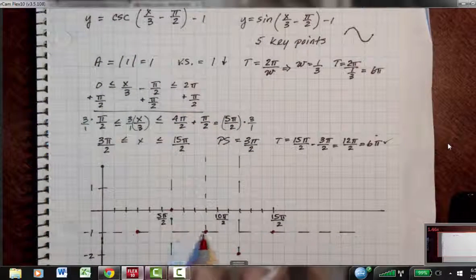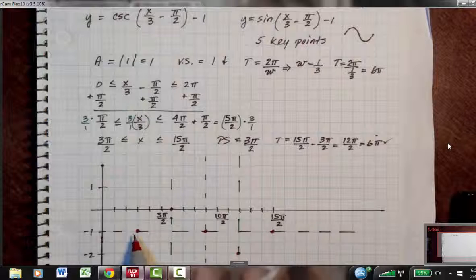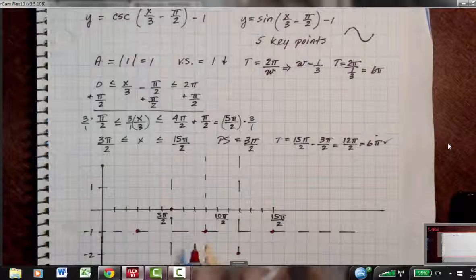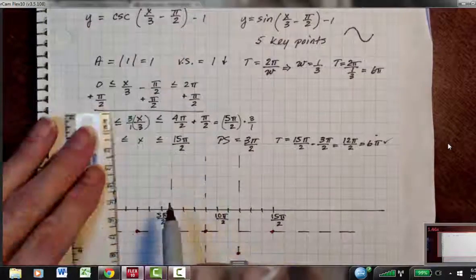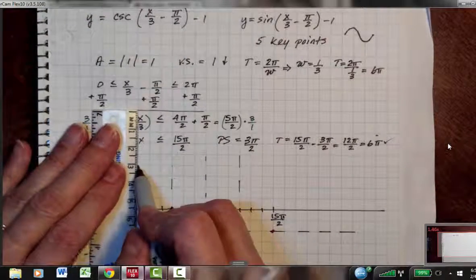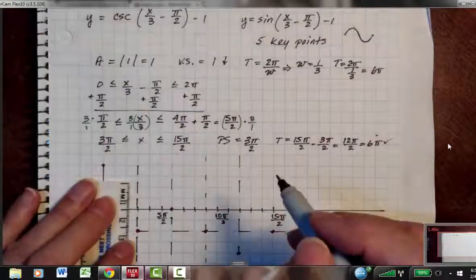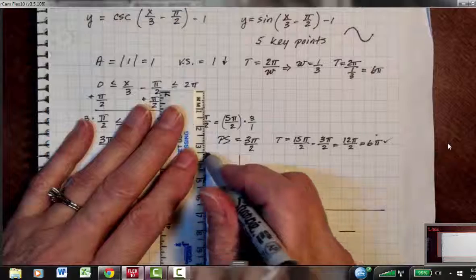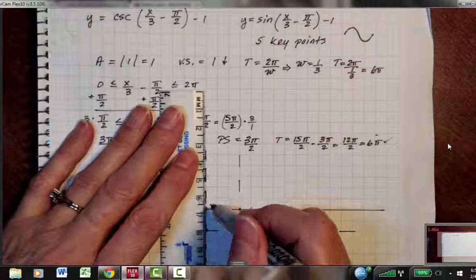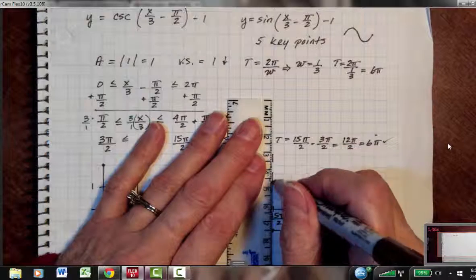Wherever my graph crosses the vertical shift line, that's where my function is going to be 0, and therefore I need to have asymptotes there, because I can't have my function equal to 0 there. Wherever they cross the vertical shift, which happens to also be the x-axis when there's no vertical shift, that's where I should have asymptotes.